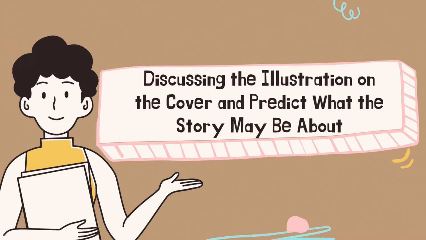Did you know that making predictions before you read gets you excited about a story? I know that you are a smart kid. That's why illustrations, pictures, or the cover of a book might help you in making predictions of the story that you are going to read.